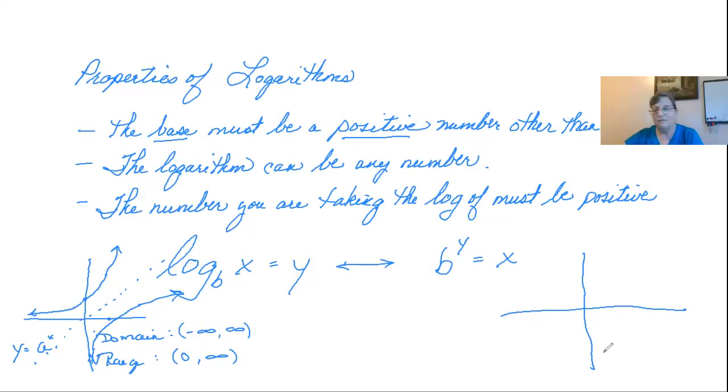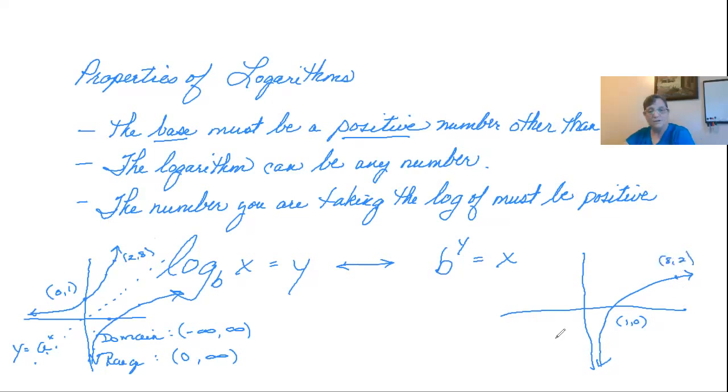The domain of something like this, so now it goes from having the point 0, 1 to having the point 1, 0, and everything switches. This point 2, 8 becomes the point 8, 2.